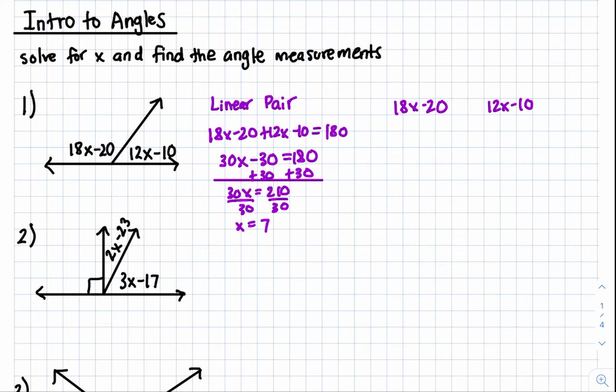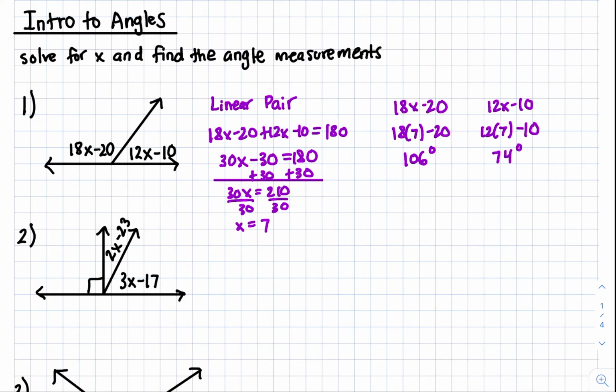Substitute in 7 for x in both: 18 times 7 minus 20, and 12 times 7 minus 10. 18 times 7, subtracted by 20, you get 106 degrees. And for this other one, 12 times 7, subtracted by 10, you get 74 degrees.